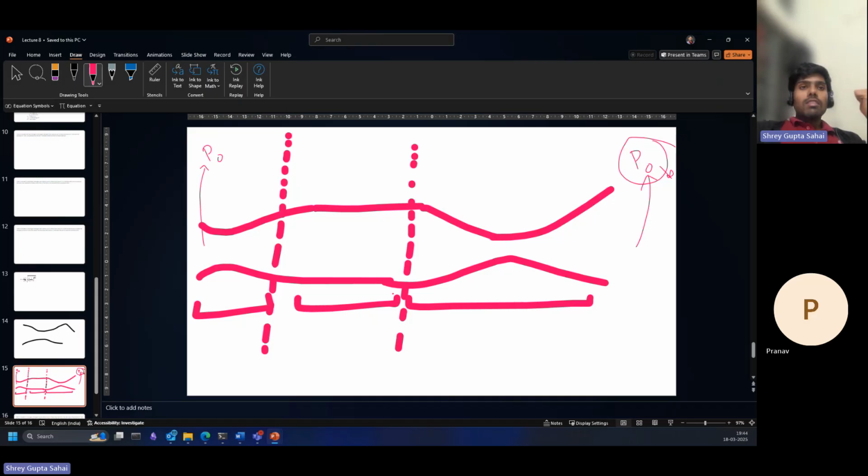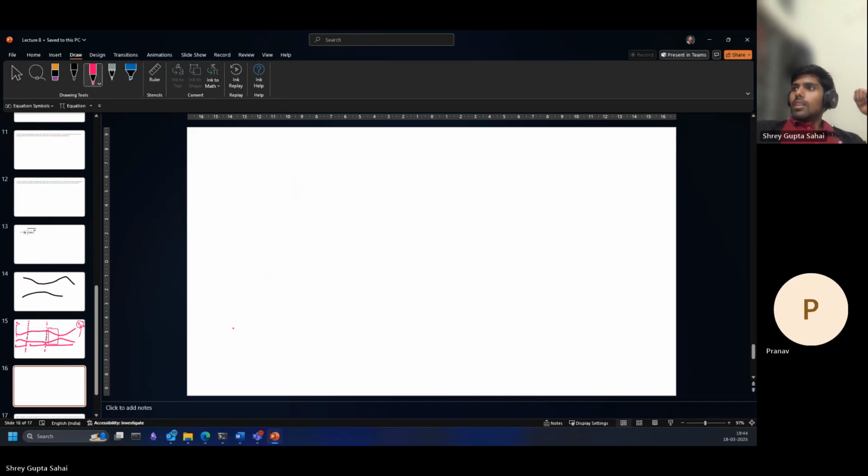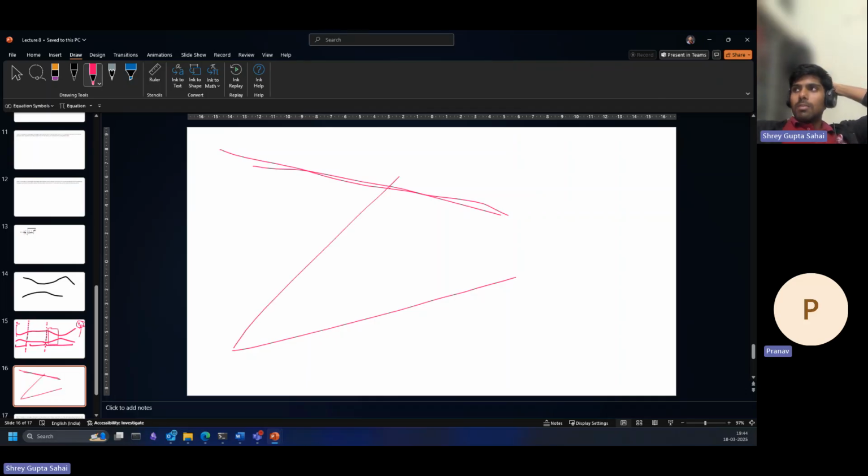Another thing, when you converge this part, if you try to converge a supersonic flow, what is the issue that will arise? You remember, there will be oblique shocks.